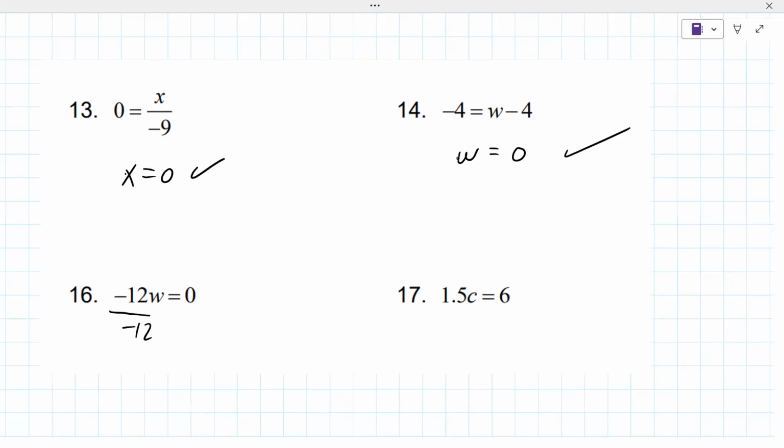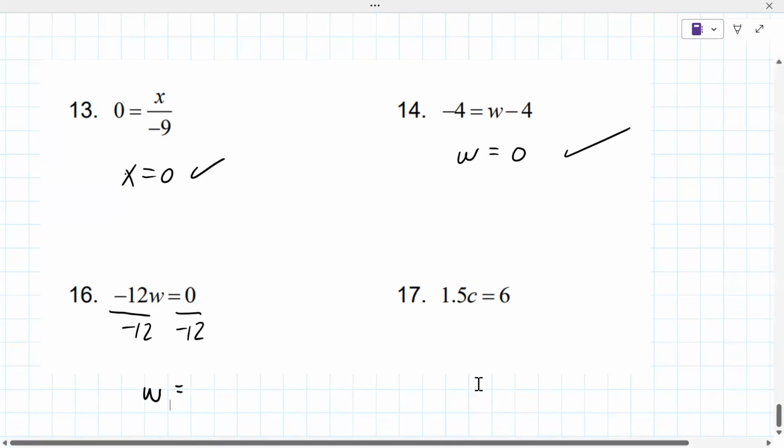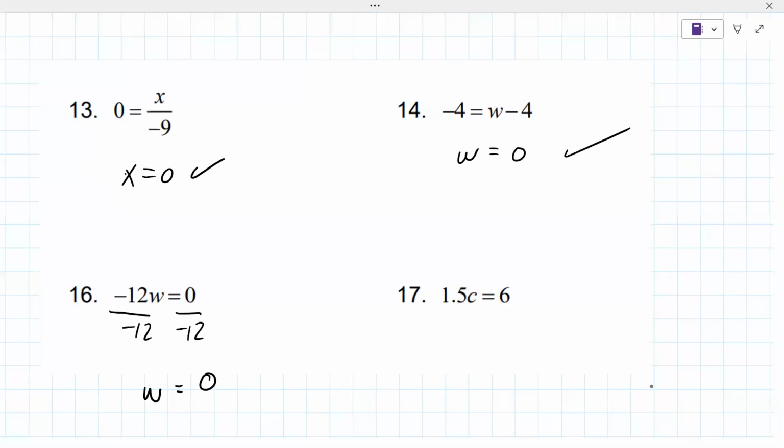You're dividing both sides by negative 12. Is that right? Is that what you did? Just making sure. Oh no, sorry, I added. That's why I was all mistaken. Okay, yeah. So divide by 0. Yes, W is 0. Good.